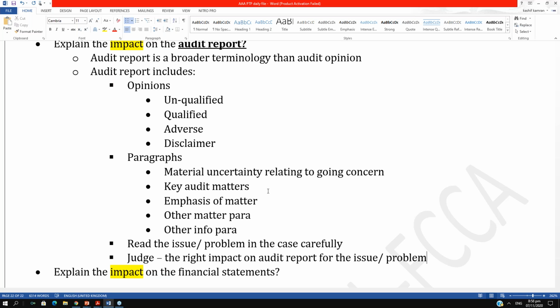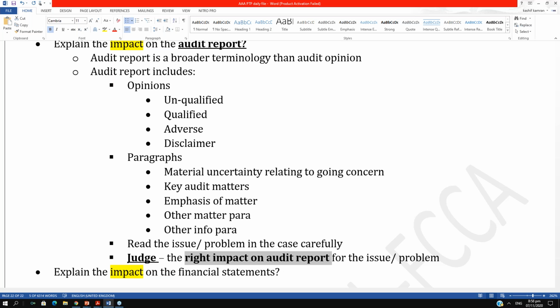Because it includes so many things, and you need to judge the right impact. That's where you make a mess in the exam paper, because you have a lack of knowledge, or you just believe that impact on report and impact on opinion are the same jargon. Do you believe they are the same jargon?